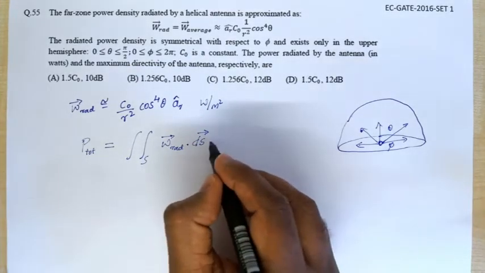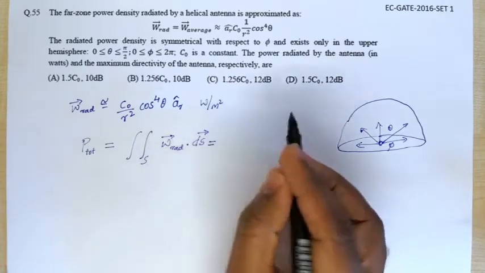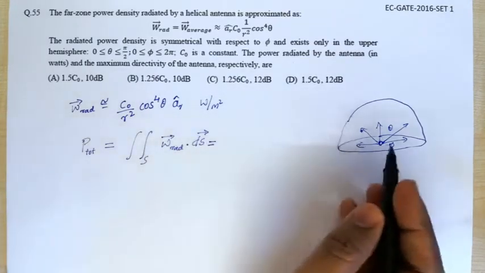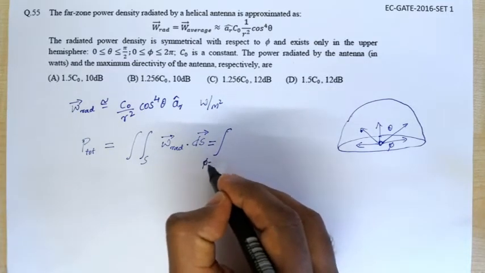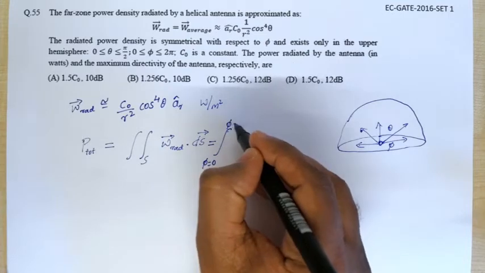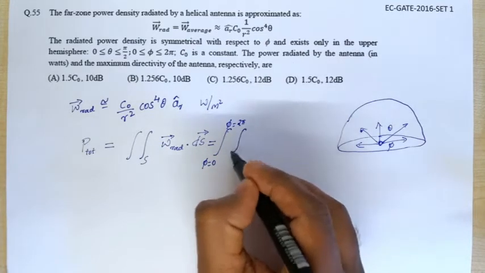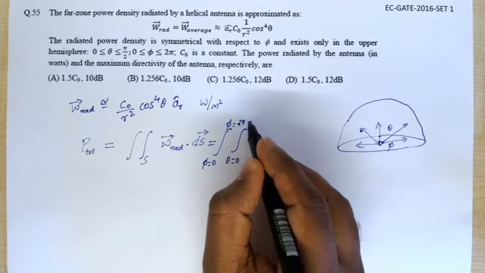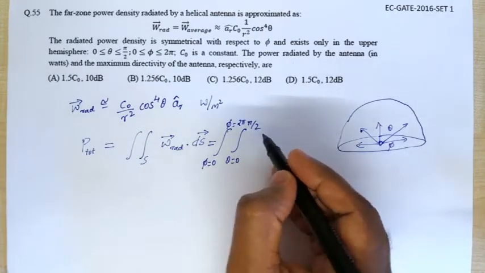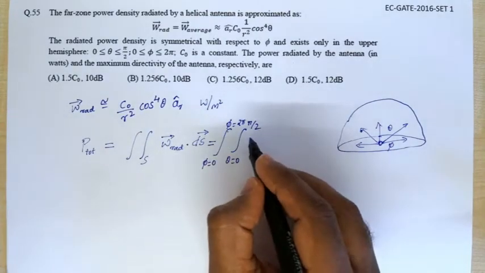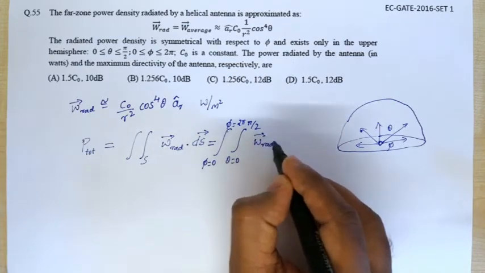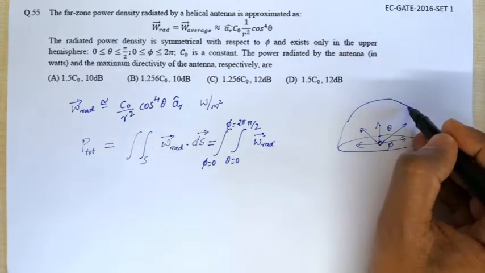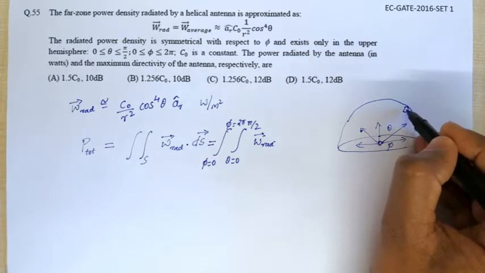What we know is the surface integral of our sphere can be written like this. Phi is varying from 0 to 2 pi, and theta is varying from 0 to pi by 2. We have W rad, and ds, which is the small elemental area on the surface of the sphere.